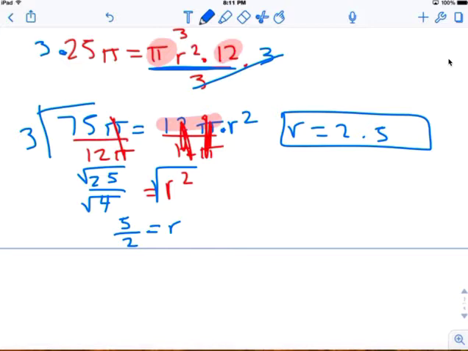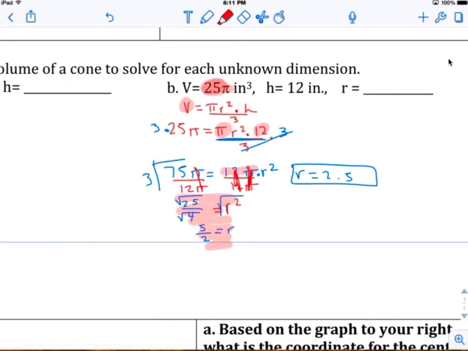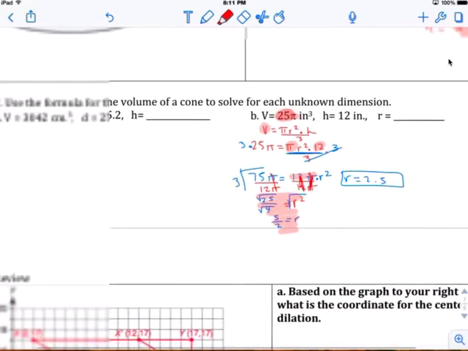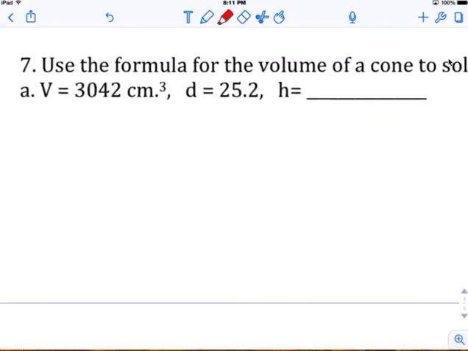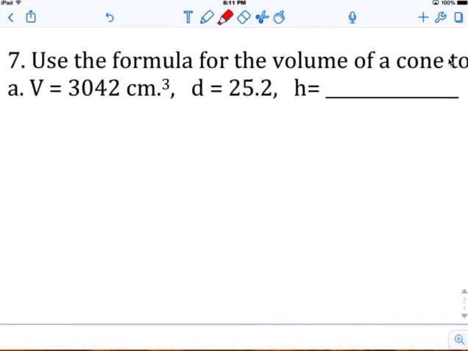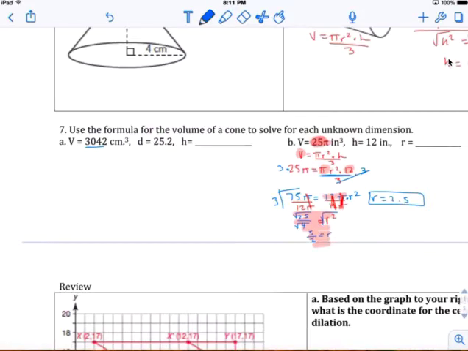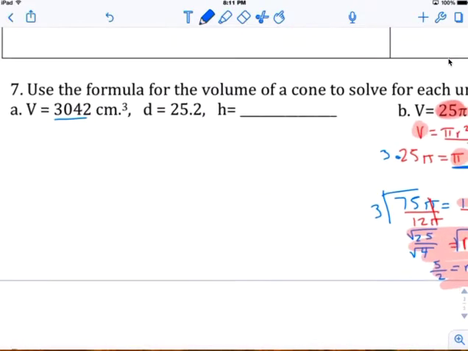So without a calculator, you can do this part. It's important to know these things actually. Okay, and you find height, remember, height's a little bit different. There's no squared in height. And they gave you this, so round it to the nearest hundredth.